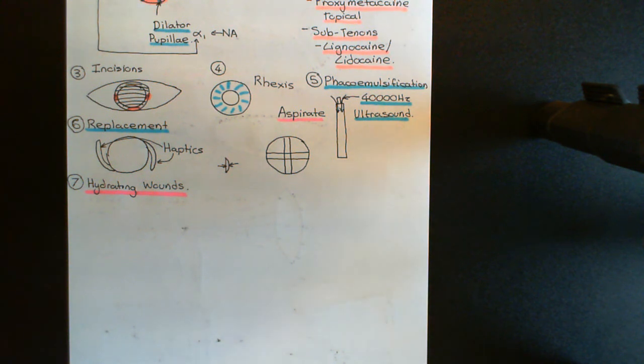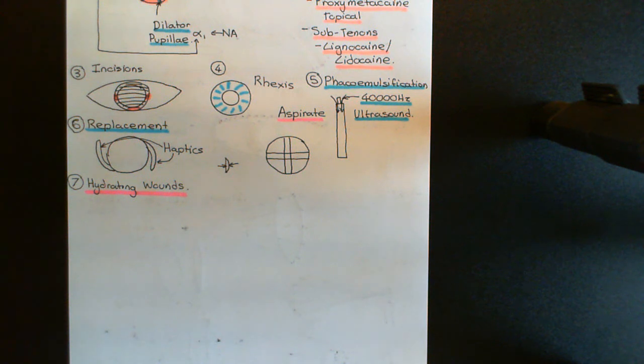So the final thing then that I want to say is talking about the fact that now we have lost accommodation, which I promised to do at the end of the previous video. So remember, with the natural human lens, we can change the shape of that lens and thereby change the power of the lens.